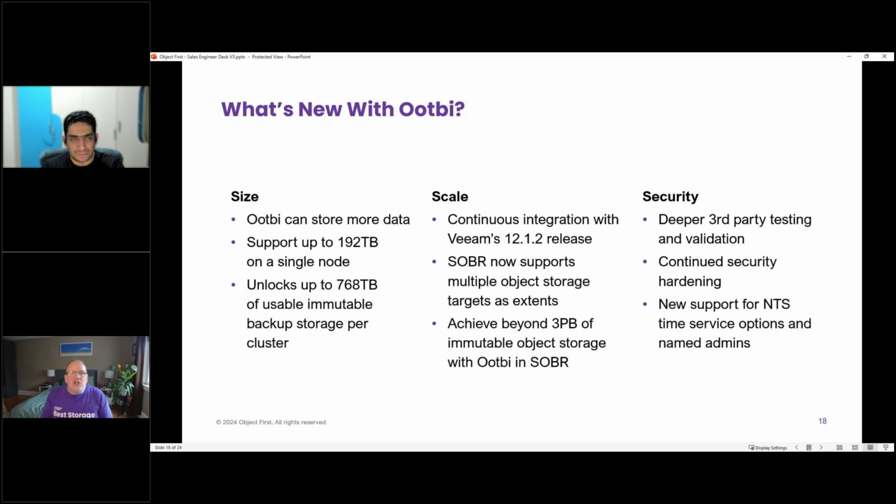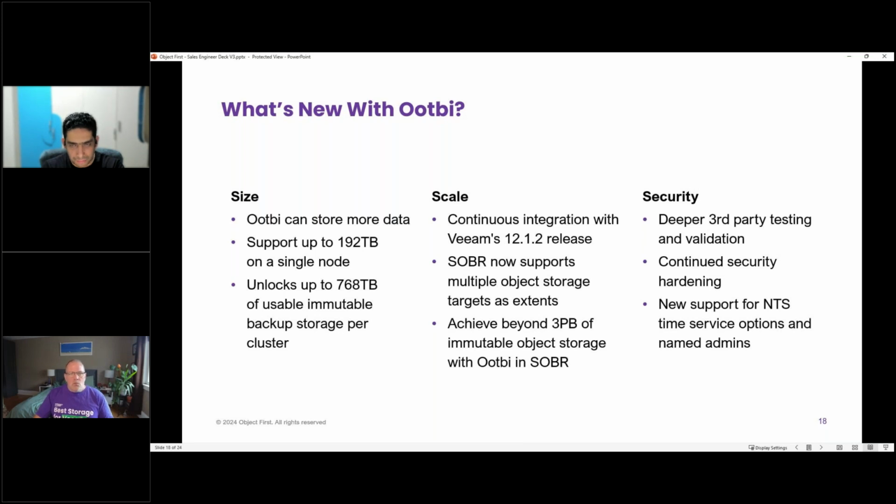So you'd have a cluster and you used to have one extent. Now you can have multi-cluster. So you can achieve beyond 3 petabytes of immutable object storage with OOTBI in Veeam now. Because of that.